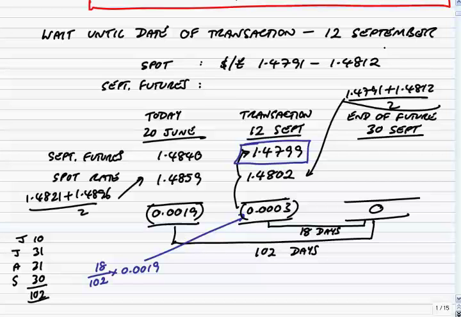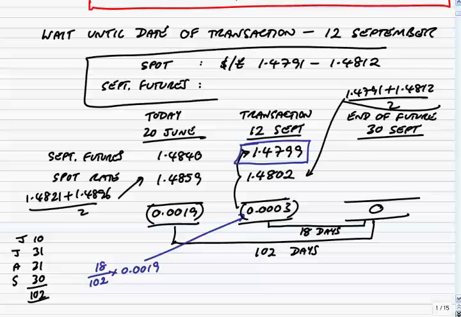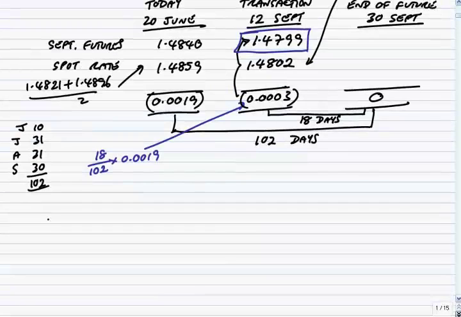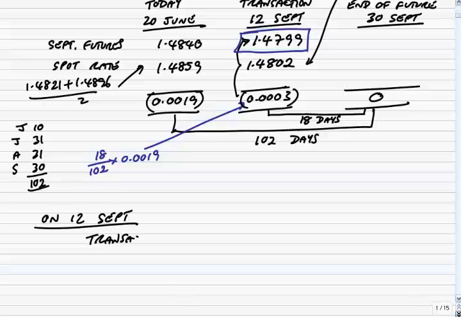Remember, we need to know on the date of the transaction, we need to know the spot rate which we were given. We need the futures price. We now know it's 1.4799. And now we're in a position to actually sort out what happens on the 12th of September. So on the 12th of September, first of all, the transaction, we convert at spot.